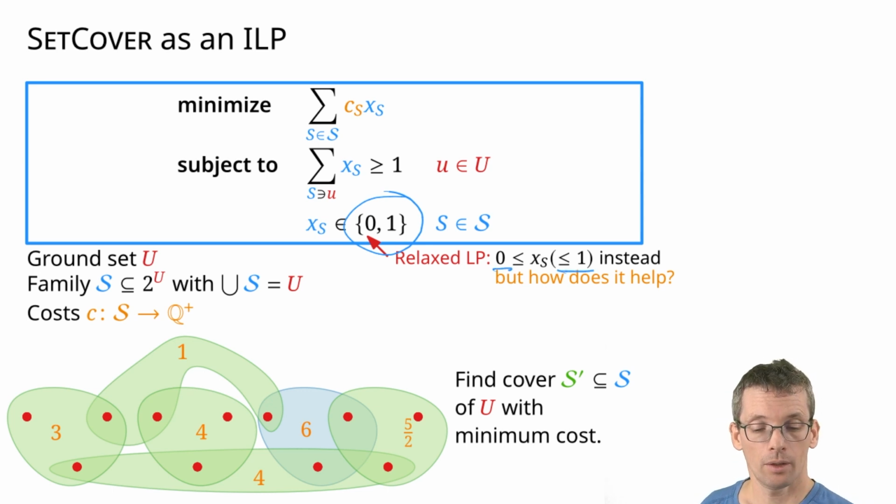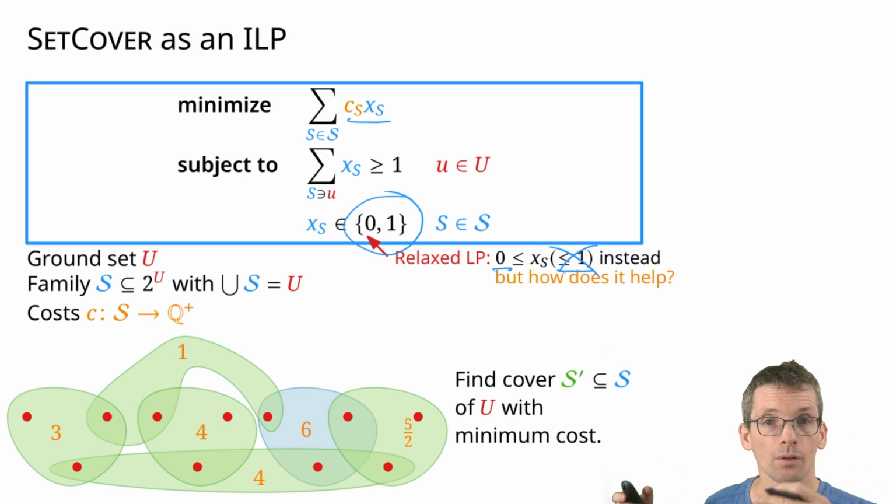We can ignore the constraint that it should be at most 1, because there's no reason why we would want to pick x_s larger, because it's always enough to make an x_s 1, and because it shows up in the objective function, I will never make it larger than 1. So the first technique will be based on using the relaxed LP and then taking the values of the variables and suitably rounding them, and therefore it's also called LP rounding.